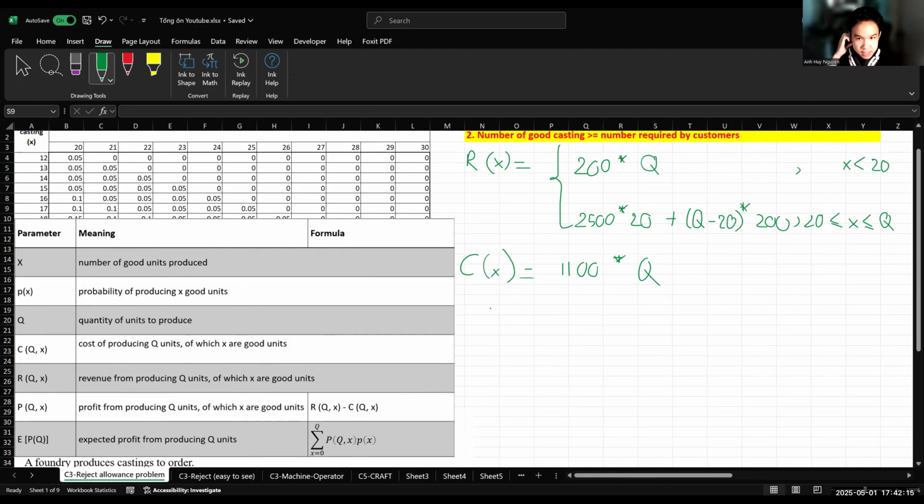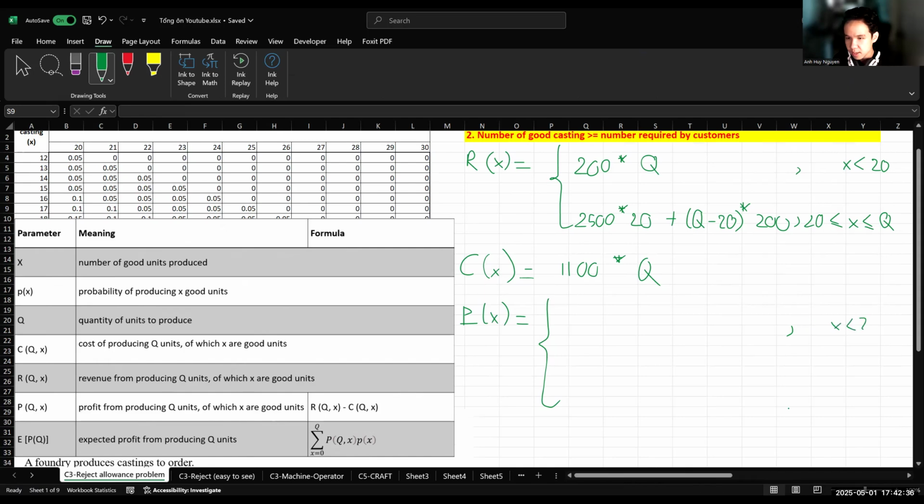Now, let's come to the profit. Do you remember that profit is equal to revenue minus cost? Okay, so we only need to subtract these formulas. Again, we have two scenarios.